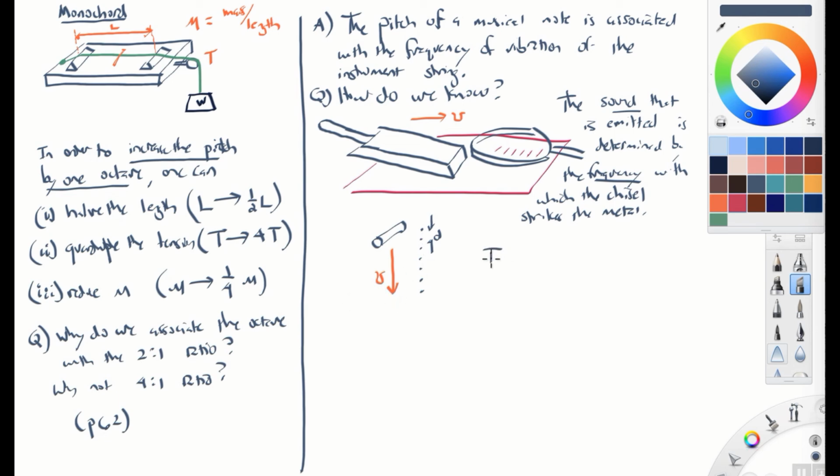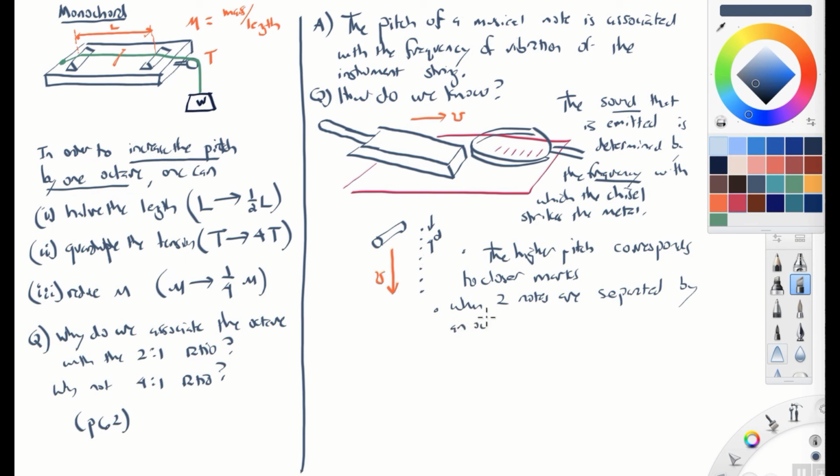So the higher pitch corresponds to closer marks. And in particular, we can notice that when two notes are separated by an octave, this might be hard to do, but when two notes are separated by an octave, the distance between the marks is half as long.